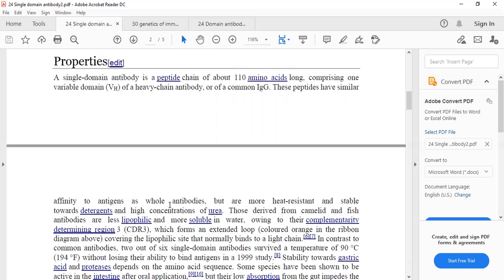That is the major advantage of the single domain antibody. These domain antibodies can be heat resistant, but can be spoiled by detergents and a high concentration of urea, so those must be avoided.